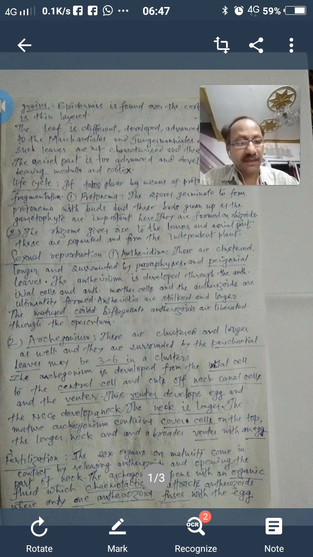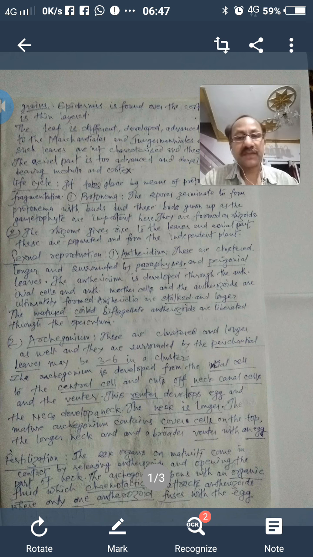So it is the kind of vegetative reproduction that is differentiated from other orders. The spores germinate to form protonema and protonemal buds, which give rise to the gametophytic plant. The rhizome gives rise to the leaves and aerial part. These are separated and form the independent plant body.